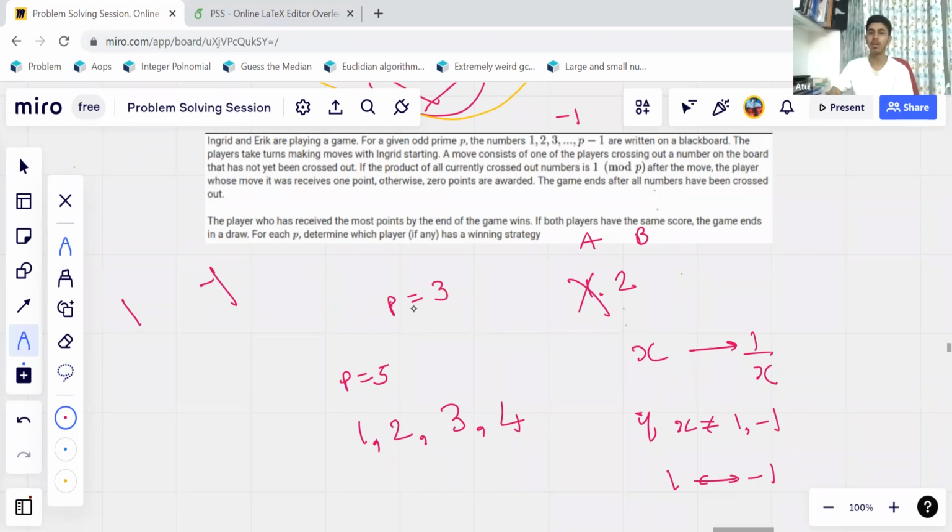If Alice picks 1, then we pick -1, and then we copy. Wait, can't we force a draw in that case? You play -1, I play 1, and then we just pick inverses. We get equal points, right? Yeah, maybe you want to prove both people can force a draw. Maybe you can do more than a draw.